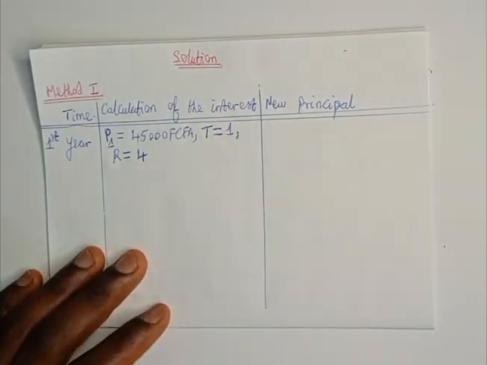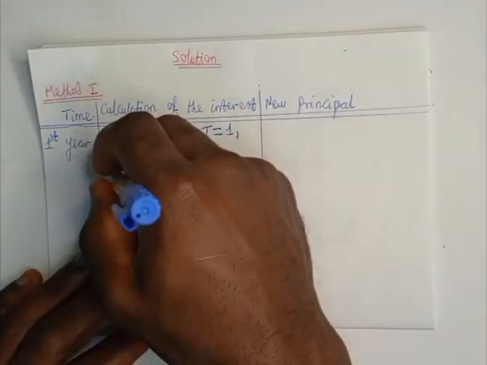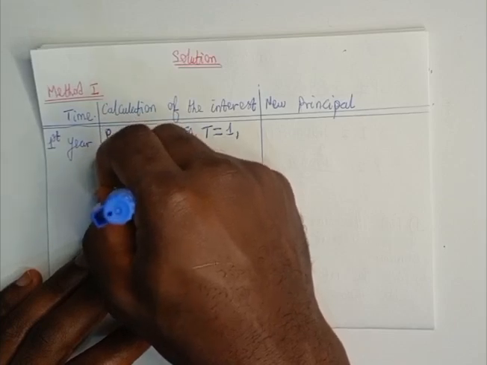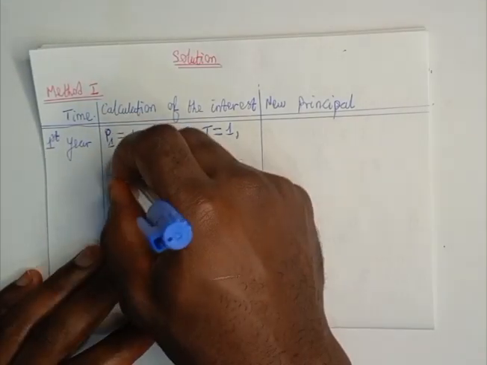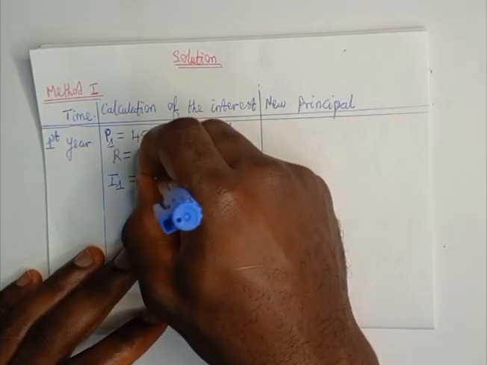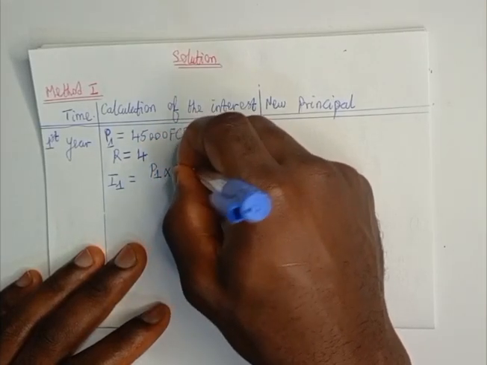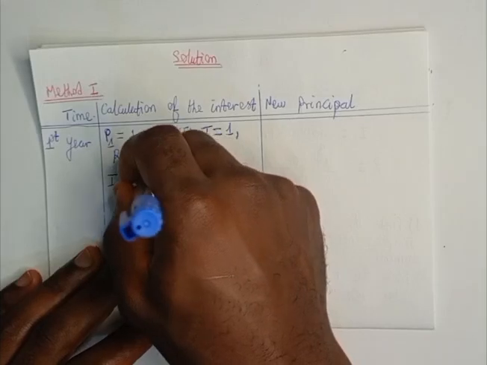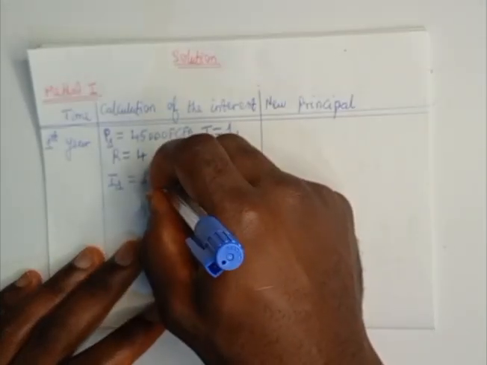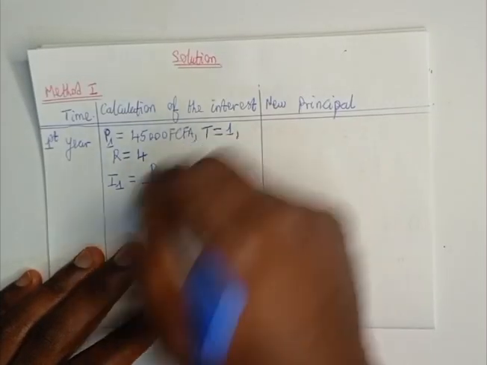Now we can calculate the interest made first year. And this will simply be equal to the principal for the first year times the rate times the time, which is 1 year, all over 100.